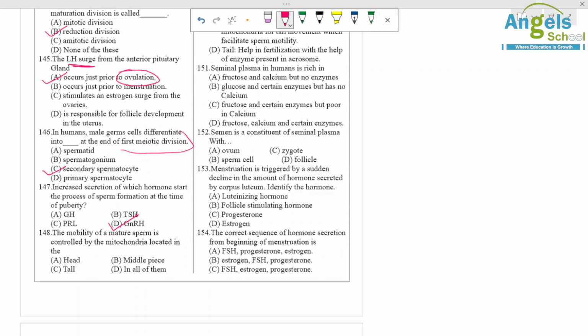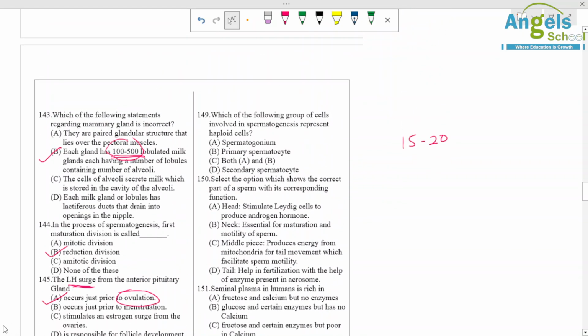Question number 148. The mobility of mature sperm is controlled by mitochondria located in the head, middle piece, tail, or in all of them. Okay, so mitochondria are located in the middle piece. So option B is correct.